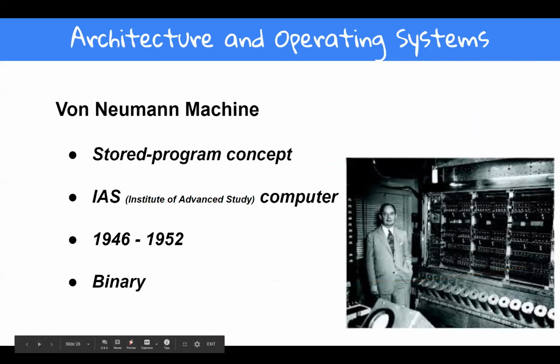So that was the first machine, but there were some problems with it. The main problem was manual programming. Another problem was that people had to write a program and then operate it and create the circuit manually.